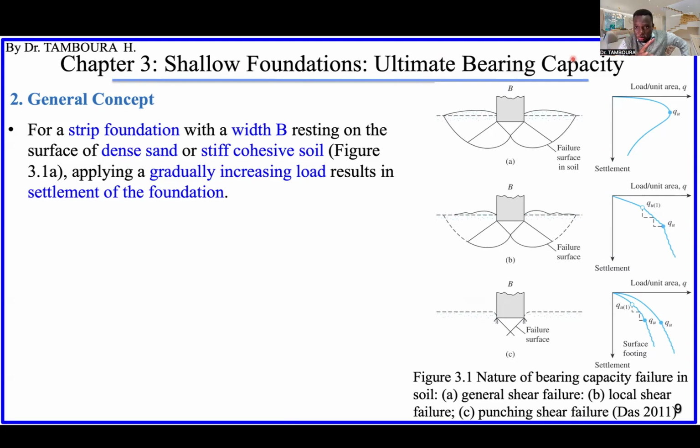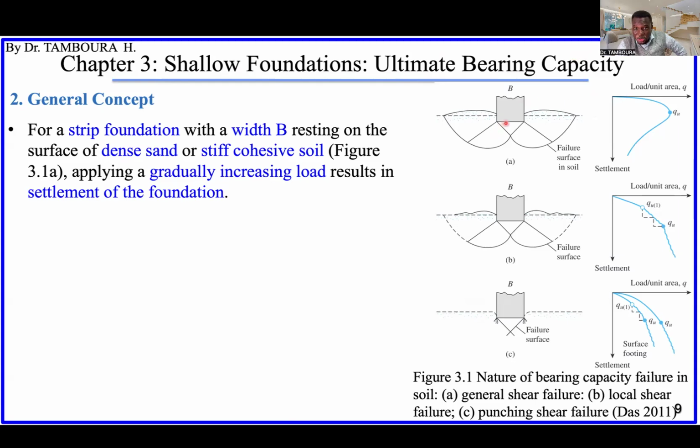We just want the relationship between q, the bearing capacity per unit area, and the settlement. For each type of soil, you will have a different shape, showing how the soil will deform under the footing, the shape of the load settlement curve. This is the name of this curve.